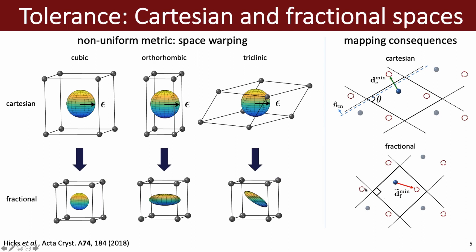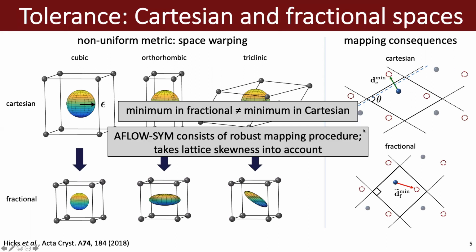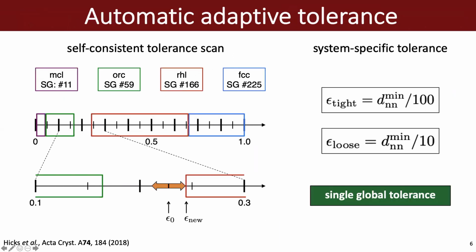If we do the minimum distance calculation, we actually see that we get different results whether we calculate it in Cartesian or fractional. This can be really problematic when you're trying to find symmetry operations automatically and consistently. So the takeaway here is that a minimum distance in fractional is not necessarily the same in Cartesian coordinates. AFLOW-SYM takes this into account, and it takes into account the lattice skewness. So that's one way that we get high consistency results.